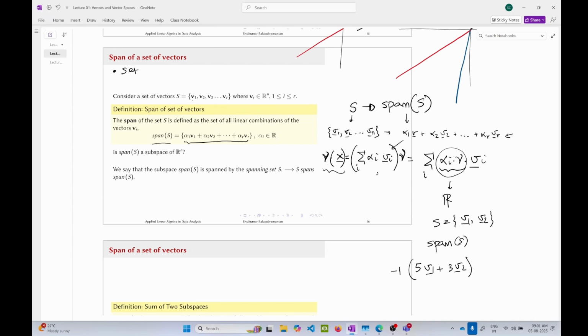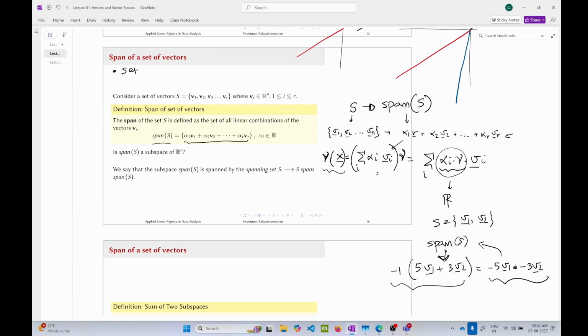If I multiply this by -1, some scalar, I will produce -5 times V1 minus 3 times V2. This is the new vector that I produced by doing scaling. And I want to check if my set is closed under vector scaling. This vector came from span of S, I've done some scaling, and this is the result.